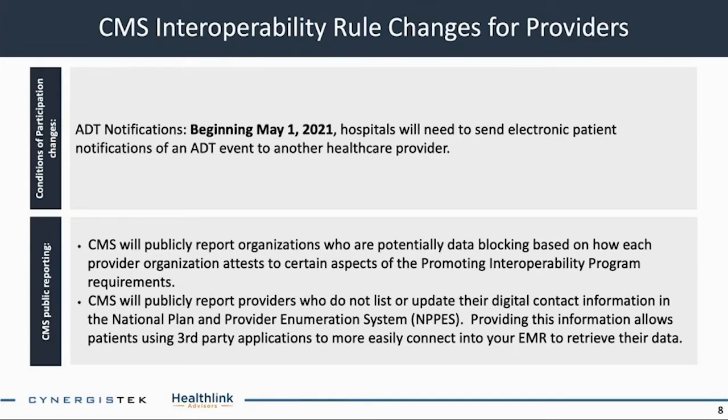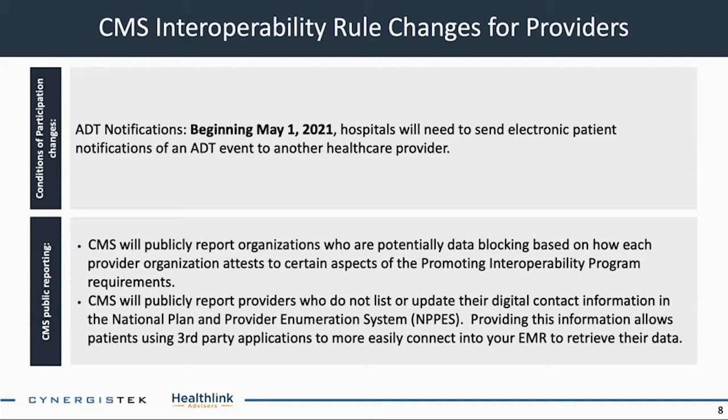Thank you, Mark. And there are also some provisions for CMS to publicly report information about organizations that might not be compliant with the rule. So there'll be a process for them to report organizations who are potentially data blocking, based on how each of those provider organizations submit their attestations under the Promoting Interoperability Program, or what used to be called the Meaningful Use Program.